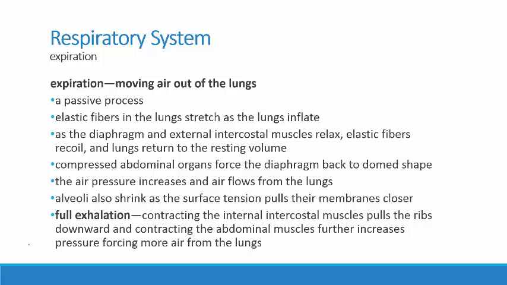As we begin to increase pressure, then we see a decrease in the volume of the size of the lungs, and all of that creates more pressure that pushes the air right on out of the lungs. And then to really do an extreme exhalation, you can contract the internal intercostal muscles.